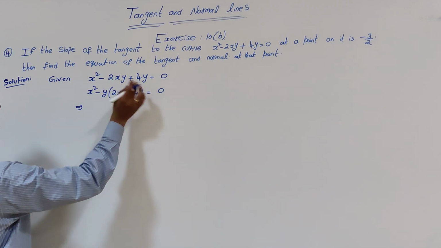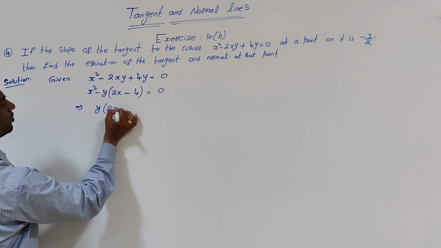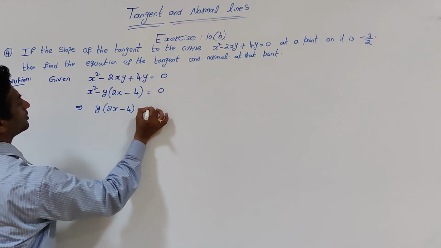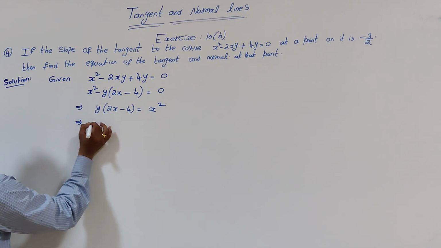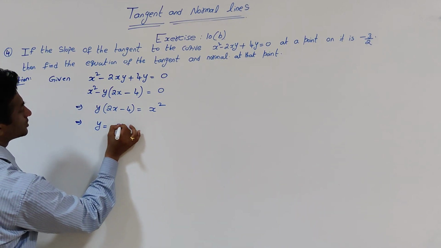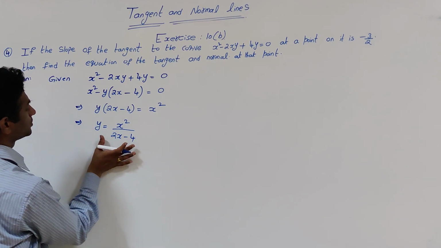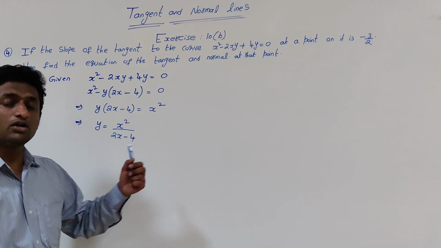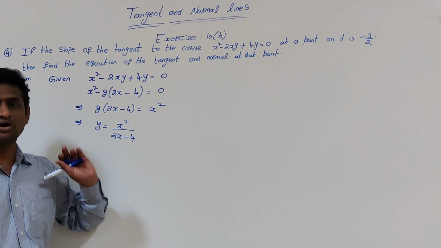Taking it to the right hand side, y times of 2x minus 4 is equal to x square. From this, y is equal to x square by 2x minus 4. So this is the function in terms of x, that is, it is in the form of y is equal to f of x.